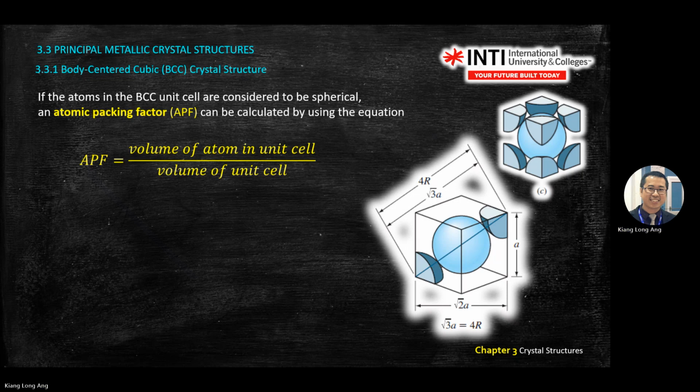You cube it. Then you cancel here and there, you arrive at one number. What is that number? Can you do the mathematics? Do it now. Prove that APF for BCC equal to one number. Can you do the calculation now?